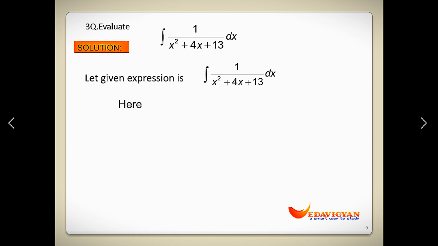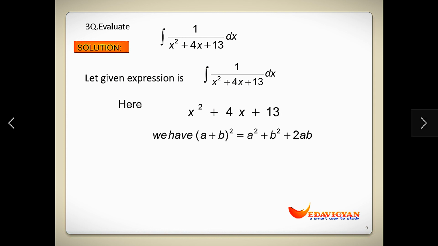You have to convert it into the form (x plus a) whole square plus b square. First, x square plus 4x can be written as x square plus 2x into 2, and 13 can be split into 4 plus 9, that is 2 square plus 3 square.